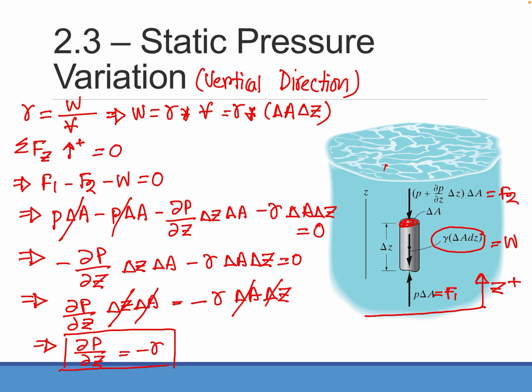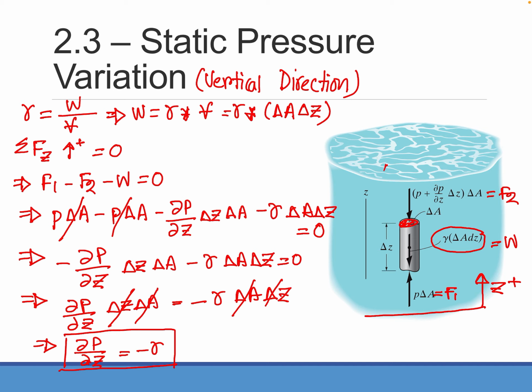You can see, unlike the horizontal direction, in vertical direction we actually have pressure variation, and that depends on delta Z. Now about the negative sign: we assumed that Z is positive in the upward direction, and the pressure variation is happening in the negative Z direction.